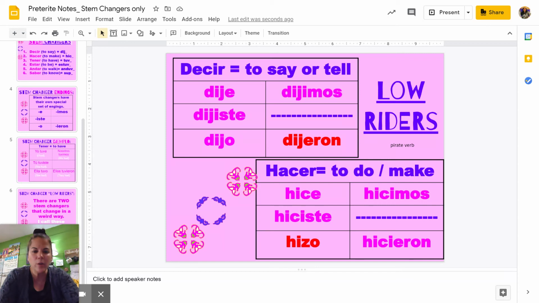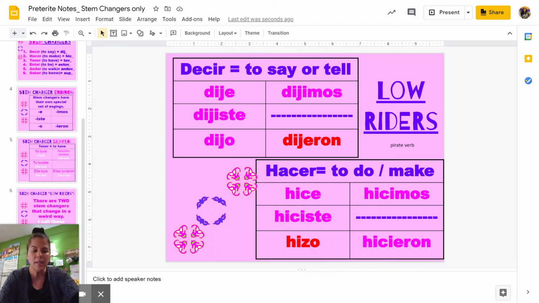Okay, the second verb is hacer, means to do or to make, and it changes to hic. So hice, hiciste, hizo, hicimos, hicieron. Now, do you have any guesses of why it puts a Z on there? It's because if it was a regular verb and it was H-I-C-O, then it would be pronounced hico. Anytime a C is followed by an O in Spanish, it has a K sound.